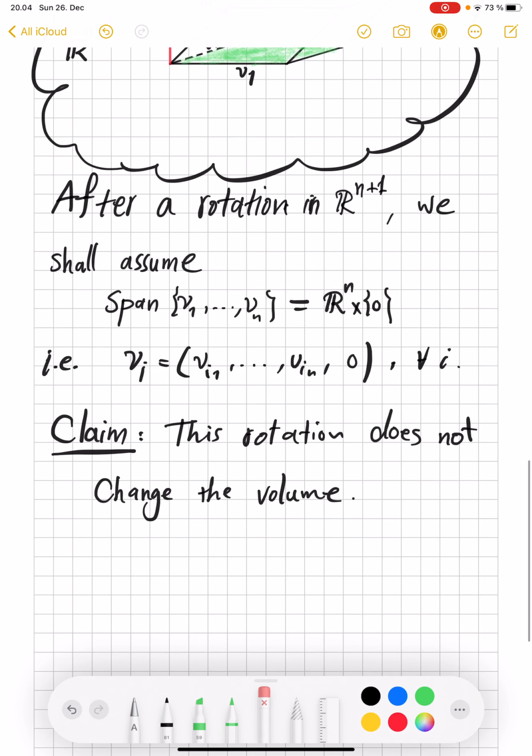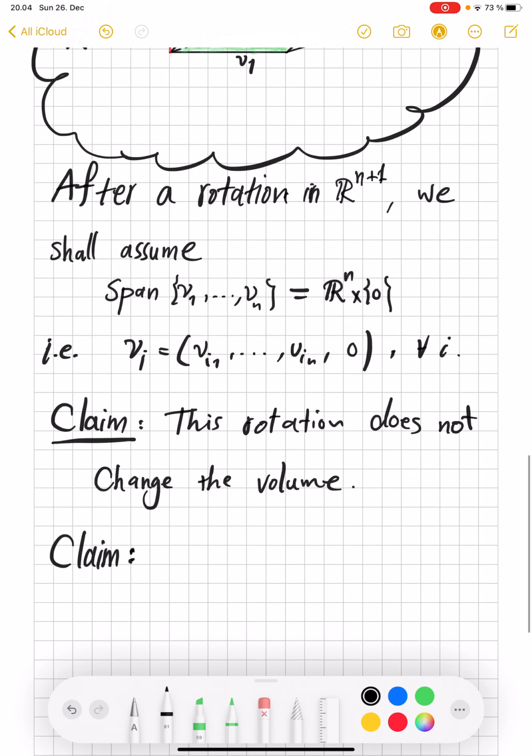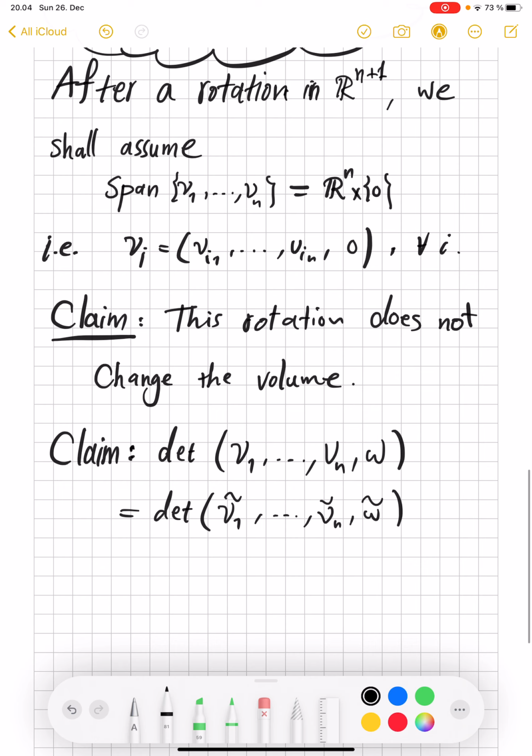Okay, so if you believe that claim, then the other claim I have is that the determinant of v1, ..., vn, w equals the determinant of v1 tilde, ..., vn tilde, w tilde, where vi tilde and w tilde are the vectors after the rotation.